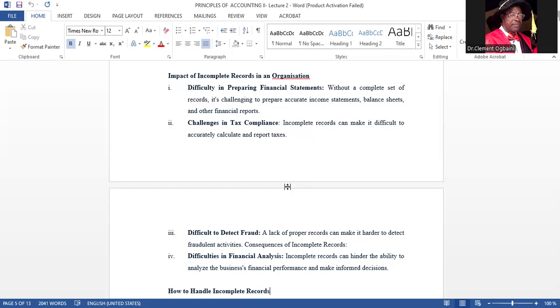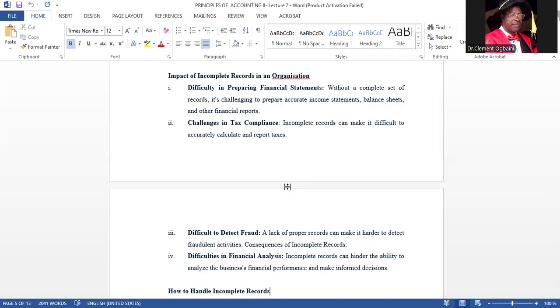Because there is no financial statement prepared, the tax office can decide to bill them any amount. So, to meet up with the tax requirement, you must have complete records. You must prepare your statement of account. But when there are incomplete records, you cannot prepare a statement of account, and you cannot comply with your tax obligation.